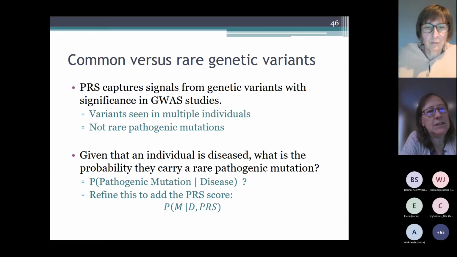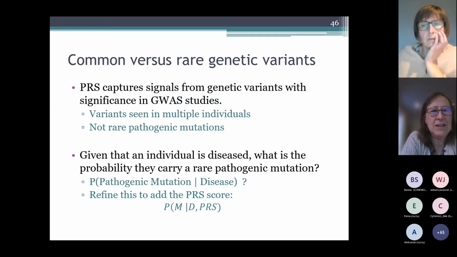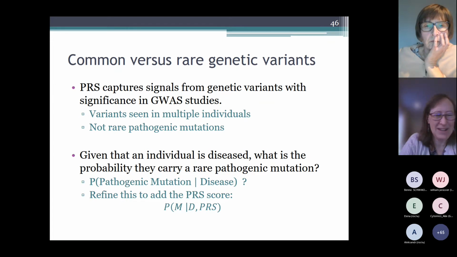However, given that you have somebody in front of you, perhaps in a clinical context, who has a disease, what's the probability that they do carry a rare pathogenic mutation? So I'm going to write this mathematically, or quasi-mathematically, the probability that somebody carries a pathogenic mutation, given that they have the disease.